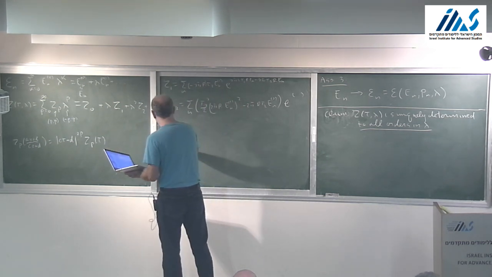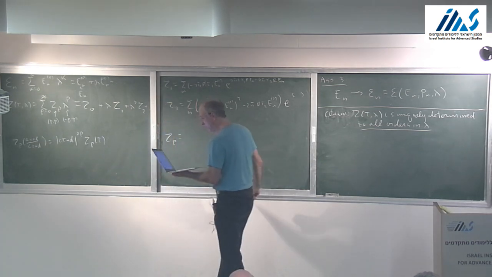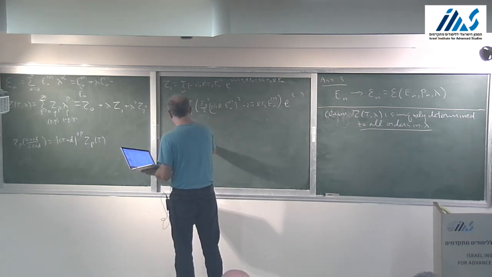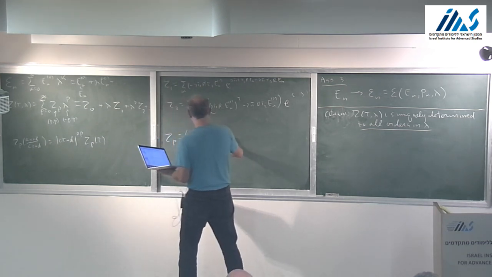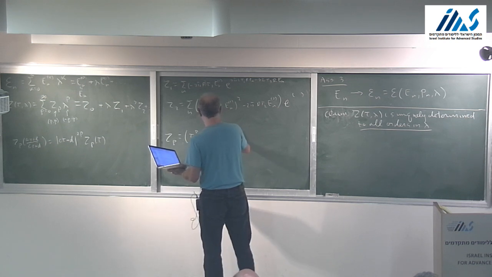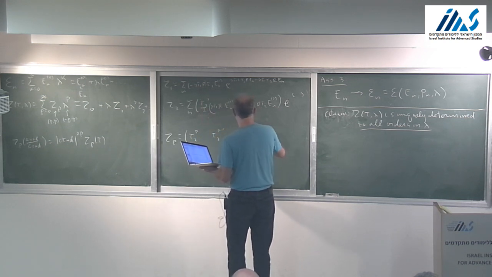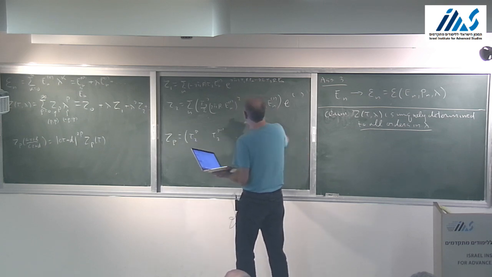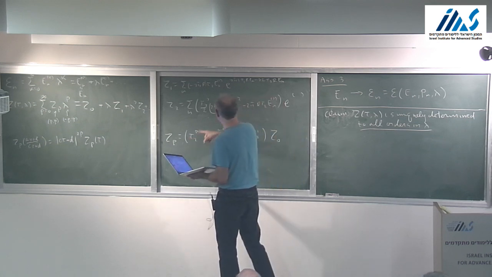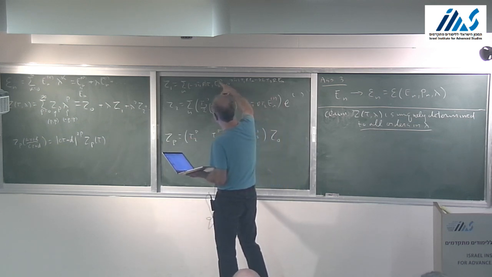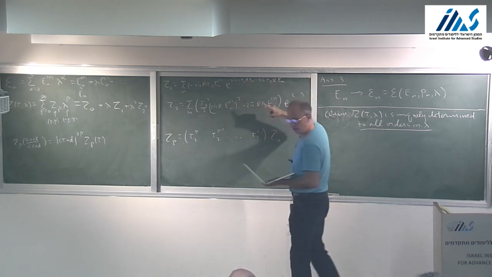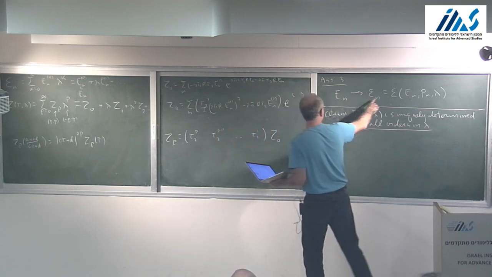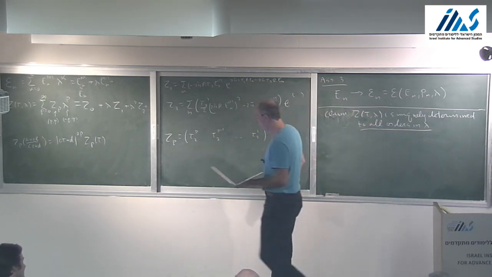If you look at some general Z_p, first of all, it includes terms that go like tau 2 to the p, tau 2 to the p minus 1, all the way up to tau 2 to the power 1, acting on Z0. And the coefficients of each of those things are just some combinations of these energy shifts.